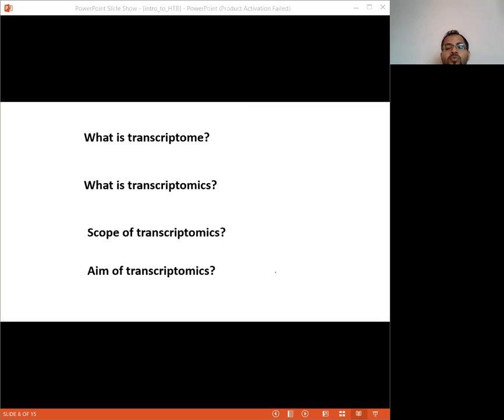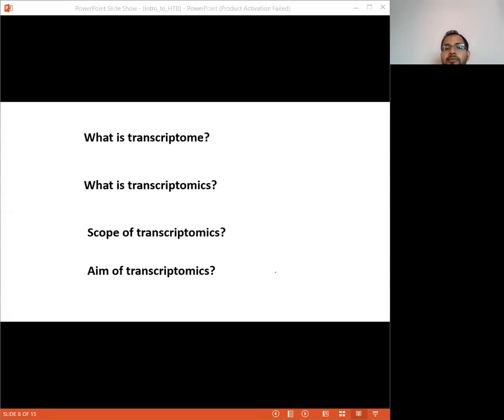Number two, we can determine the transcriptional structure of genes in terms of their start site or end site, UTR site, or splicing patterns, or other post-transcriptional modifications also.